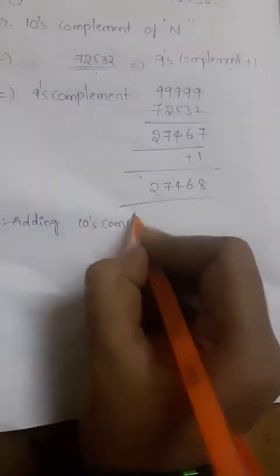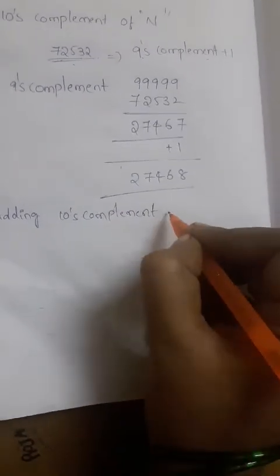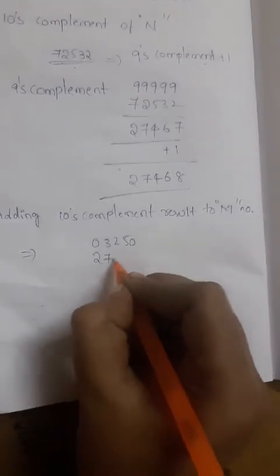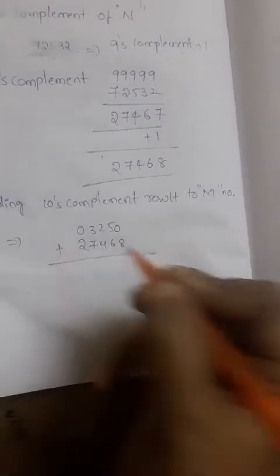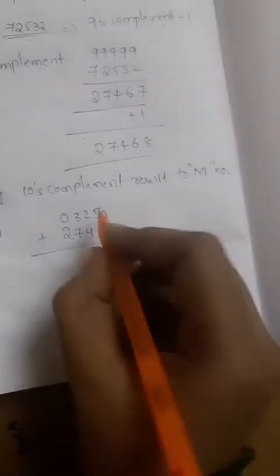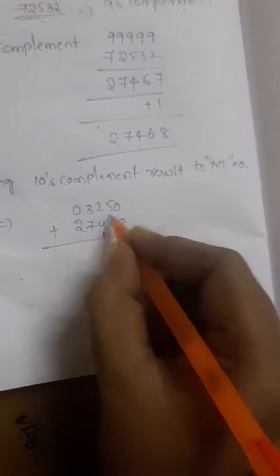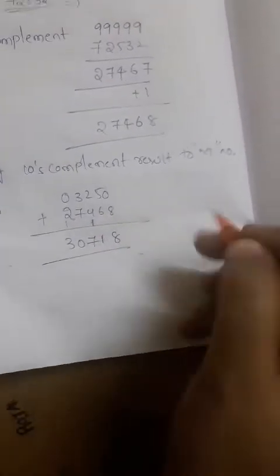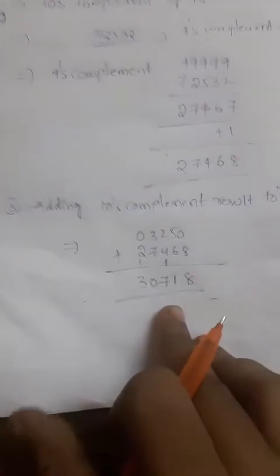Here m is 03250 and the tens complement result is 27468. Now we do addition, not subtraction. Adding these two numbers, we get 30718. This is our result.